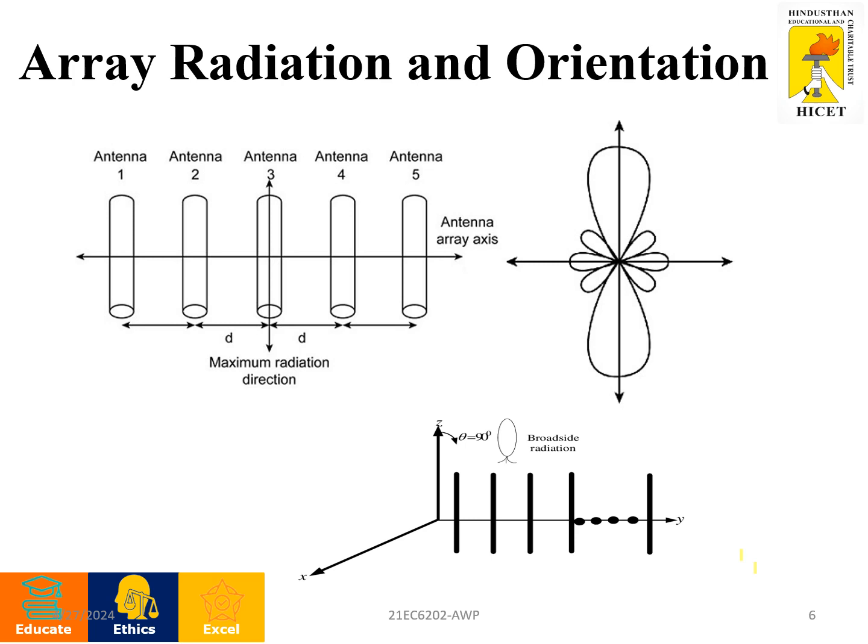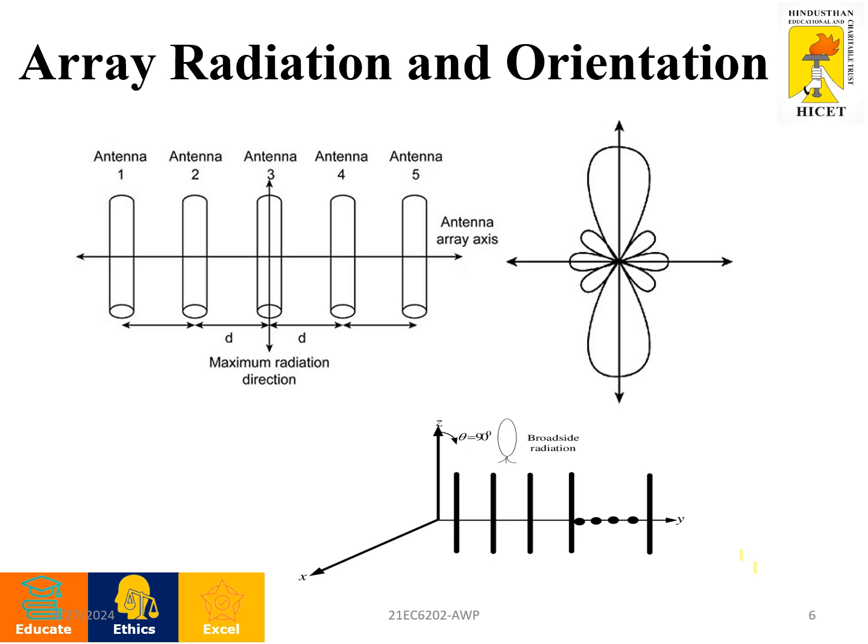So this is the arrangement of a broadside array. This is the antenna array axis. Here are the filament antennas 1, 2, 3, 4 and 5. These antenna elements are similar to each other and are arranged perpendicular to the array axis, so maximum radiation is in the vertical direction.